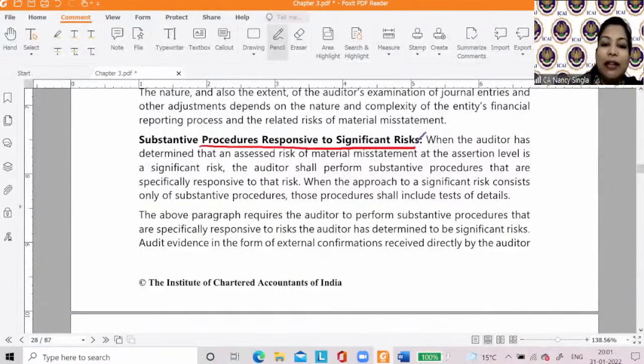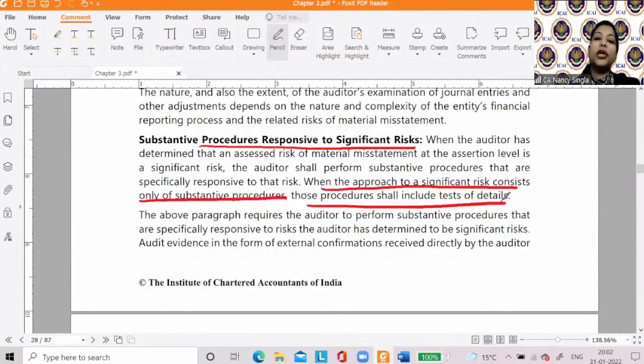See, when the approach to a significant risk consists only of substantive procedures, those procedures shall include what? Test of details. Auditor will have to perform test of details. Auditor will have to perform the substantive procedures which are responsive to the significant risk.